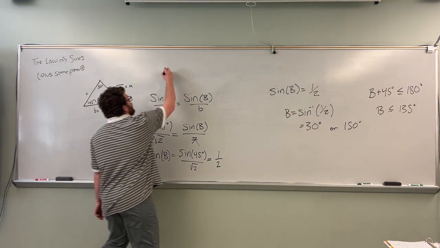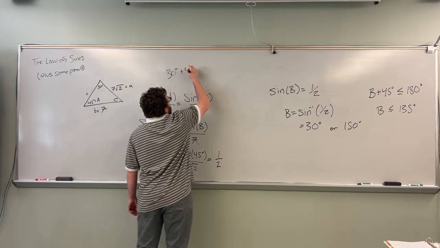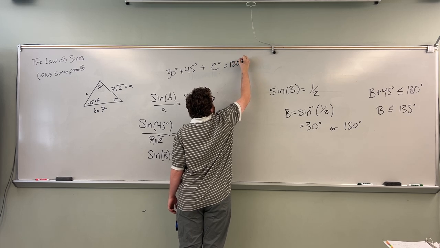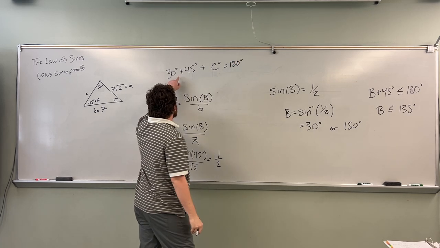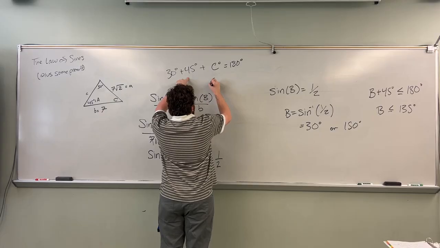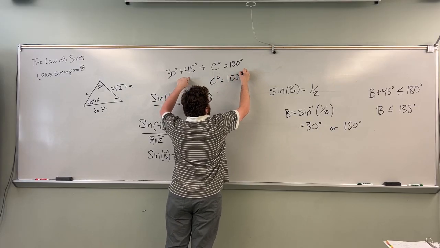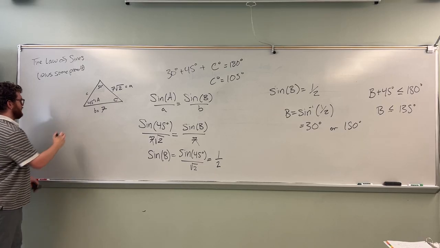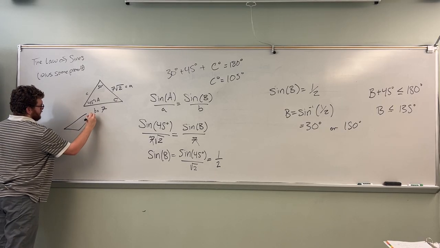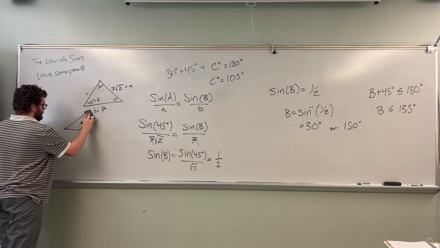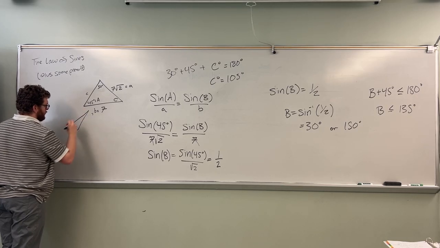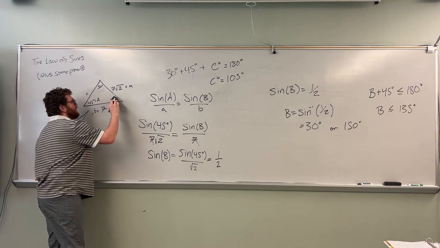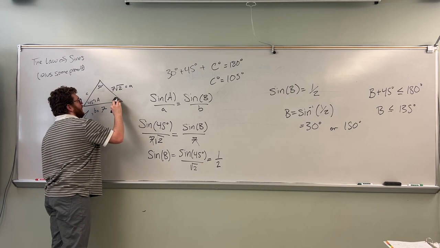So I know 30 degrees plus 45 degrees plus C degrees equals 180 degrees. 180 minus this is 150, minus that, C is 105 degrees. It doesn't look like it the way I've drawn it, but it is. This is actually a triangle that has an obtuse angle here. So I have C is equal to 105 degrees.